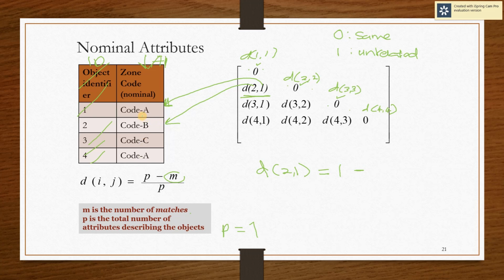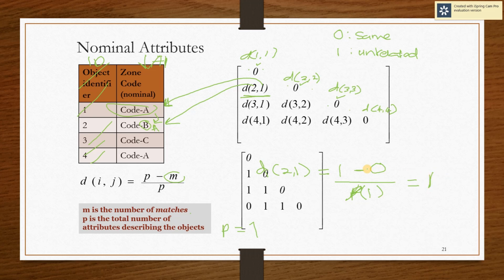Is code A a match with code B? No. If this is A, then it is a match, but this is B, so the number of matches is 0, divided by P, which is 1 here. So 1 minus 0 over 1 would be 1. That is why this is our value here.